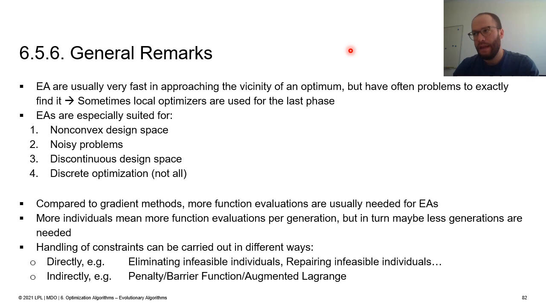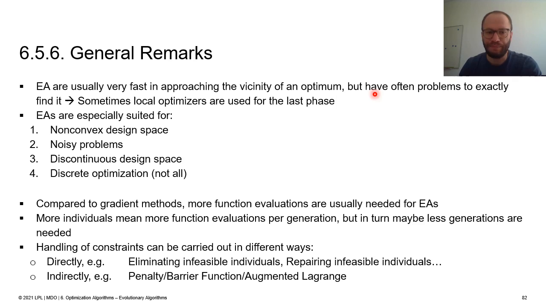But in contrast to local optimization algorithms that are gradient based, you have a higher chance of finding a global optimum. One disadvantage is, however, that they have problems in finding the exact position. So what you do sometimes, and it's also implemented, for instance, in MATLAB, is that after the evolutionary algorithm, you can still use a local, gradient-based optimizer to find the exact position of your optimum.